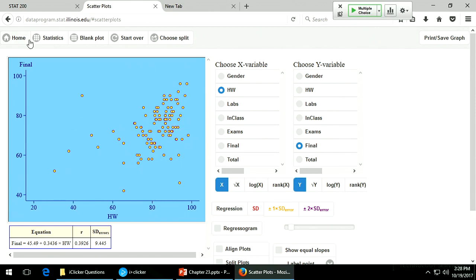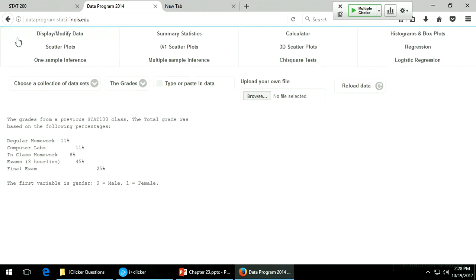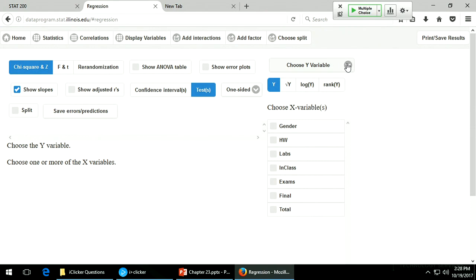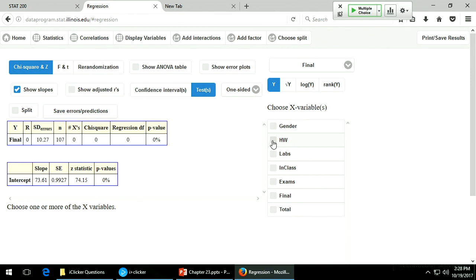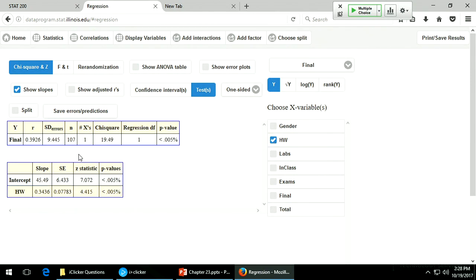But then when we do the re-randomization, let's just go to that. We'll pick the same variables here, final and homework, and we get the same R here.